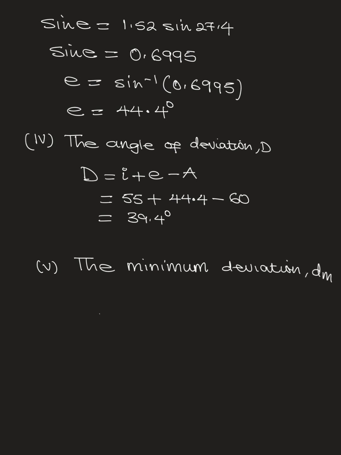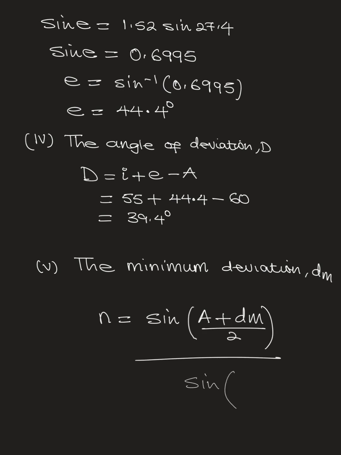We're going to use the formula, the refractive index is equal to sine of the angle of the prism plus the minimum deviation divided by 2 all over the sine of the angle of the prism divided by 2.